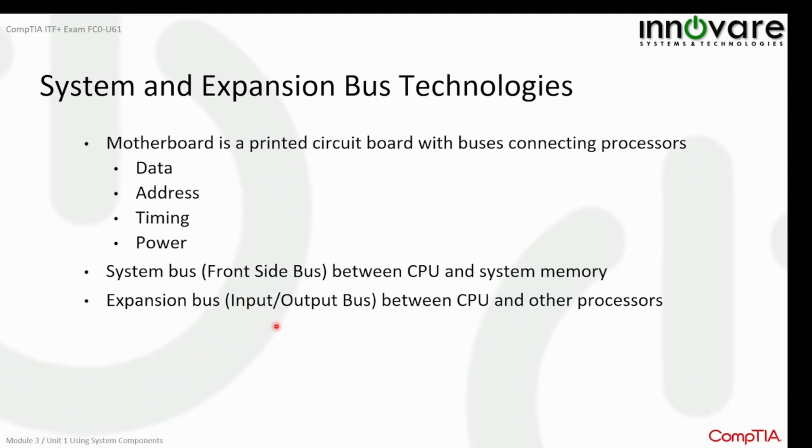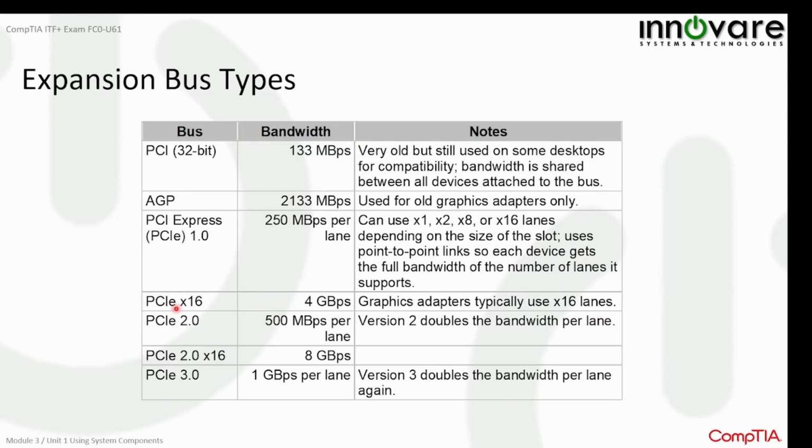No, starting from PCI, there is also an AGP, and PCI Express, and then meron pang PCIe. E stands for Express, and then 16-bit, and then PCIe 2.0, and then PCIe 2.0 16, and then PCIe 3. Ito yung mga expansion card. Remember from a drawing, di ba?